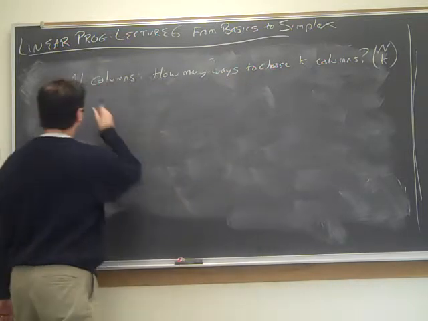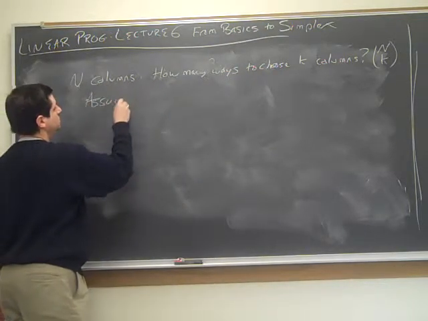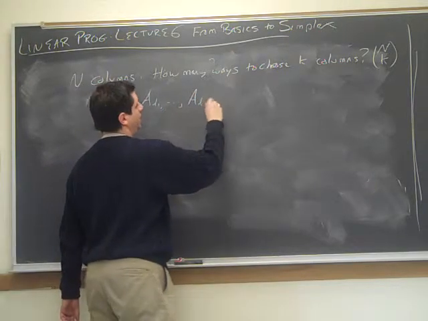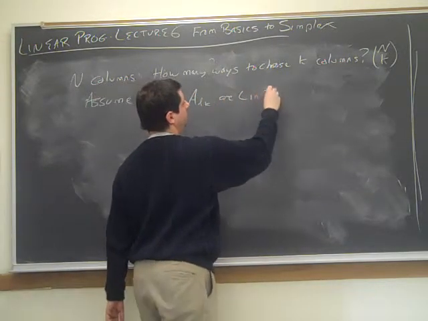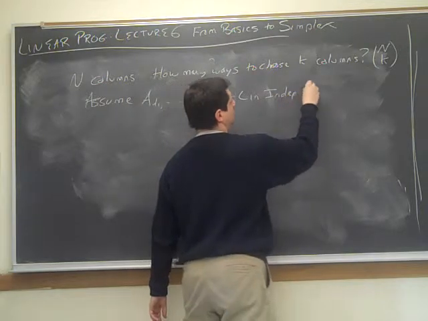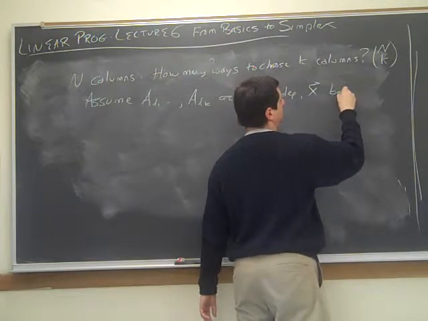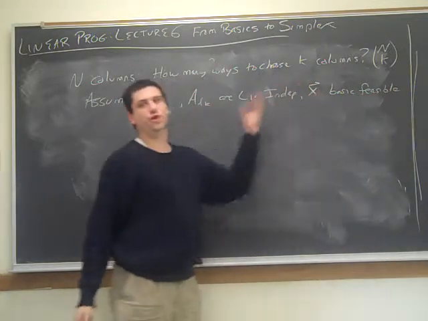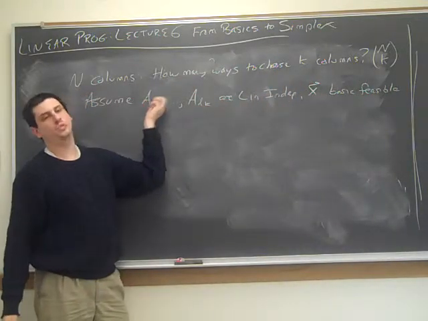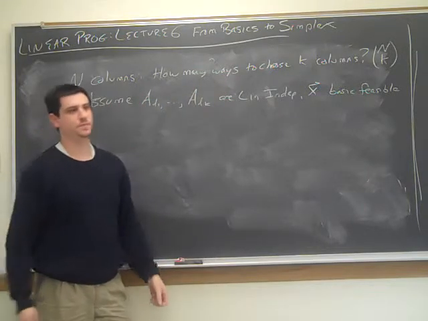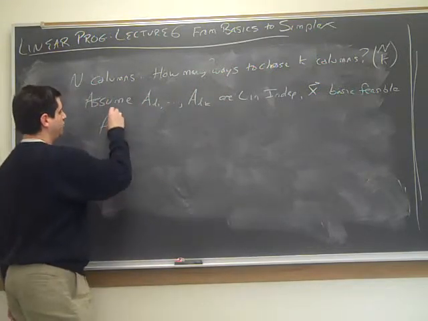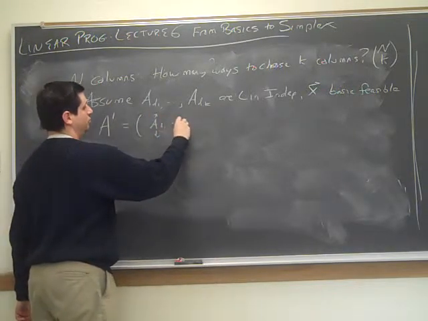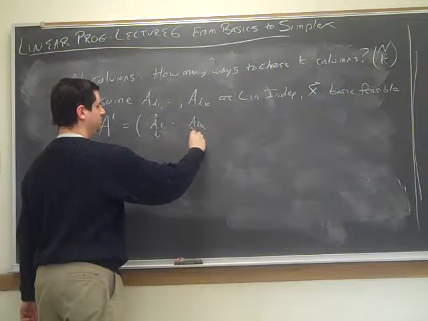So assume A_L1, ..., A_Lk are linearly independent, and x is basic feasible, where, as always, the non-zero elements of x are L1, L2, ..., Lk. So let's let the matrix A prime be A_L1, ..., A_Lk.